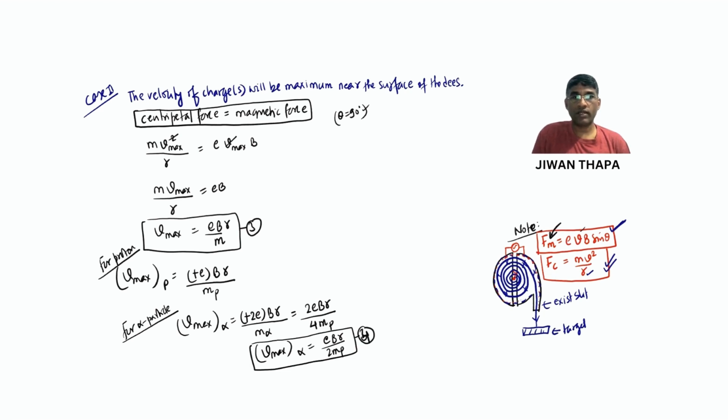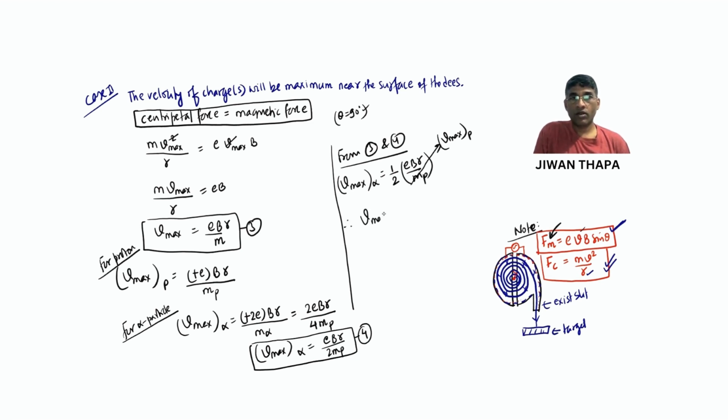Now from 3 and 4, we can write that this is the maximum velocity of the proton.